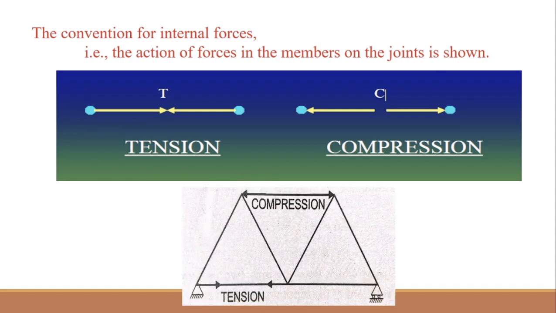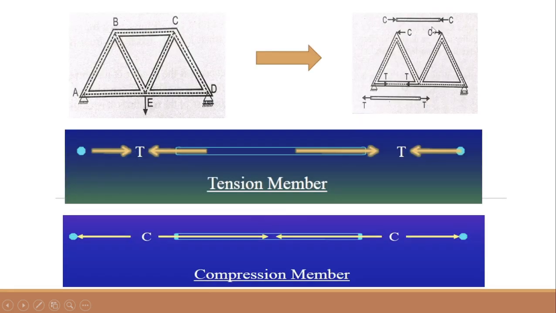Okay, see here the same example which I quoted in the previous slide. This member is experiencing compression, and this one is experiencing tension. So tension member is like this, compression member is like this.